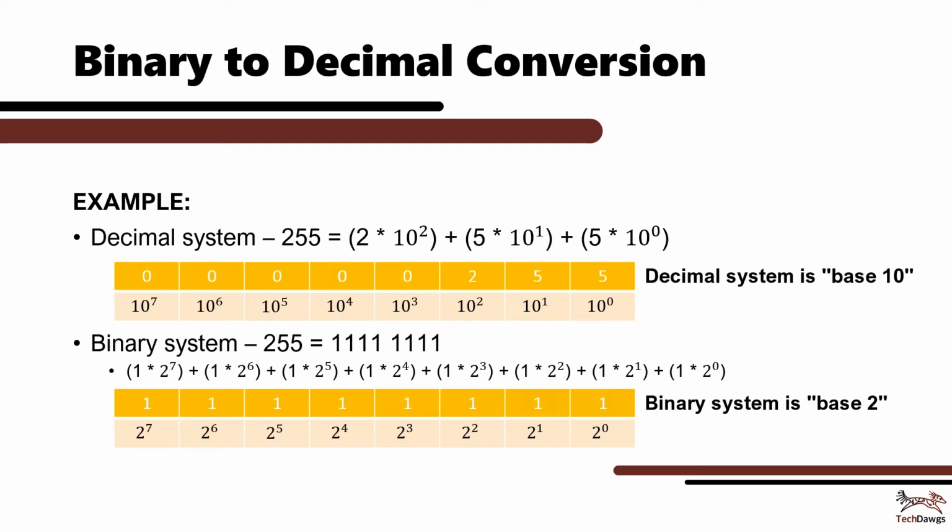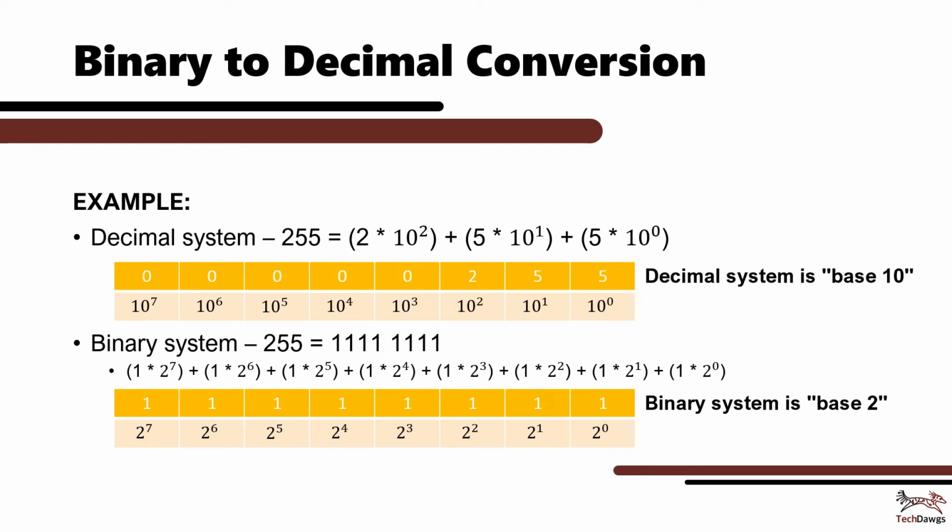If we spread that out, we can think of this as 2 times 10 to the second, which equals 100, plus 5 times 10 to the first, which is 10, plus 5 times 10 to the 0, which is 1. So now you have the ones place, the tens place, and the hundreds place. Together, you can add these all up, and it creates 255.